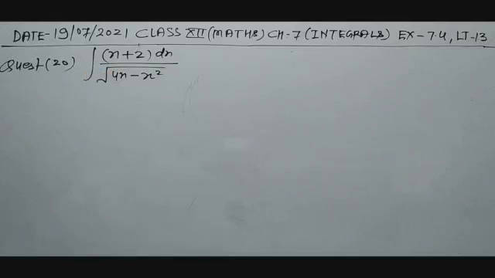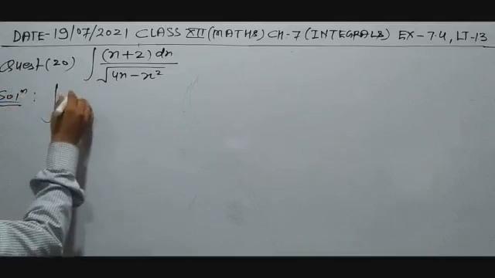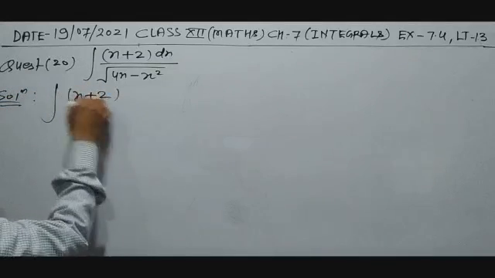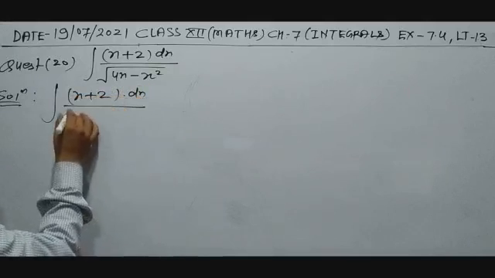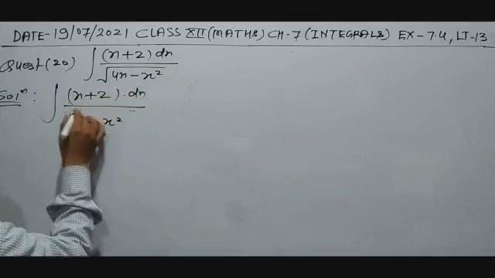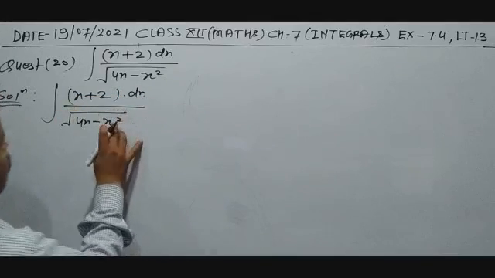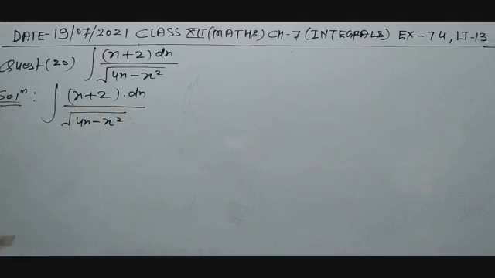First of all, solution: integration of (x plus 2) dx upon root over 4x minus x square. Suppose in your mind you differentiate this function and you get minus 2x plus 4.